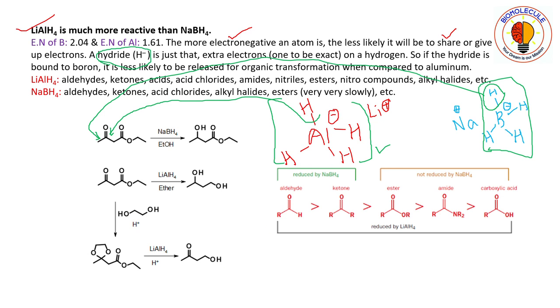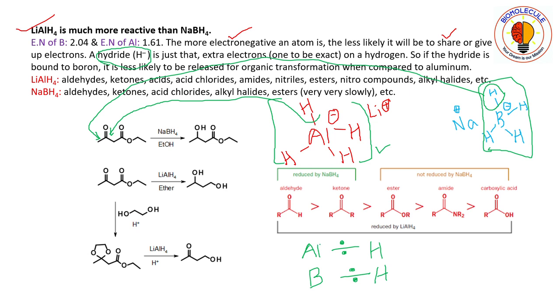See, aluminium and hydrogen, and if you consider here boron and hydrogen, this bond is made up of two electrons. This is the first electron and this one is the second electron. Similarly, in case of boron also, two electrons.